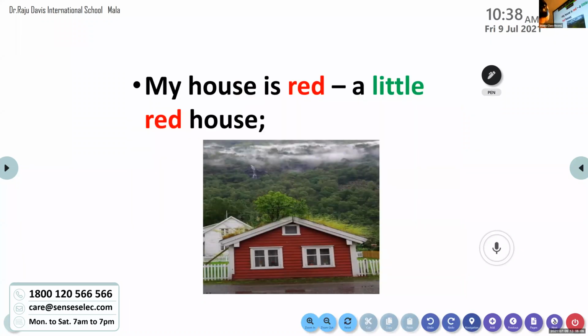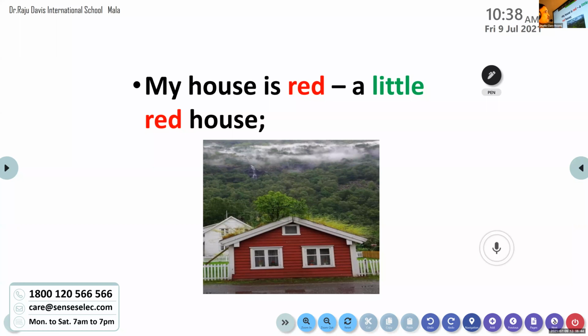My house is red. A little red house. Yes. One more time, please. My house is red. A little red house. Yes, you're right.